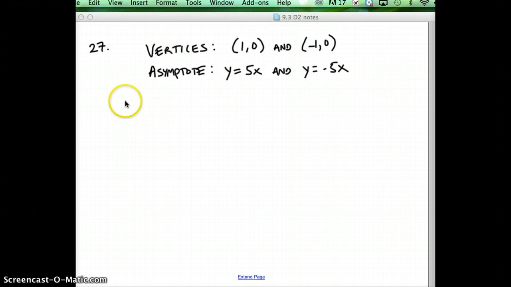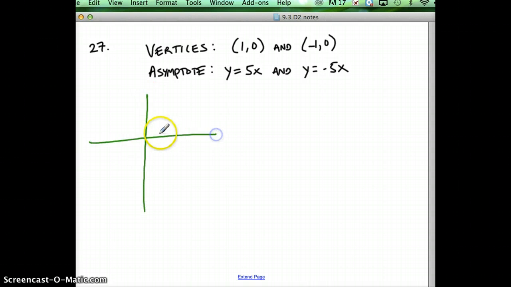Okay, I'm going to go over here and I'm going to hand graph it. This would have been a lot better on an actual grid because with these lines that I need to graph, it's much easier on graph paper, but I'll do the best I can. Okay, here we go.